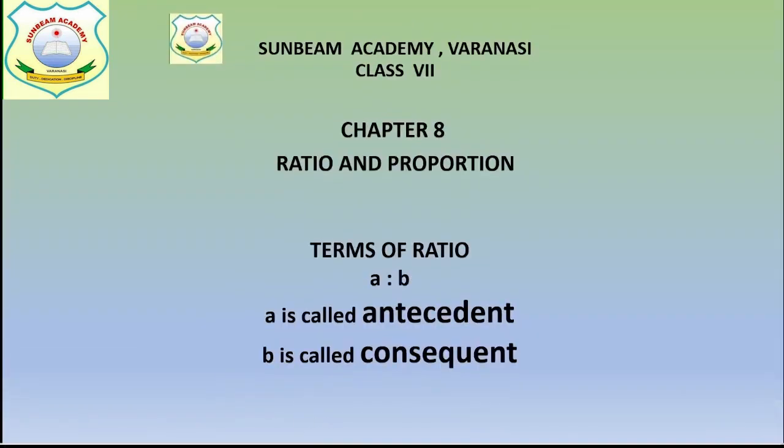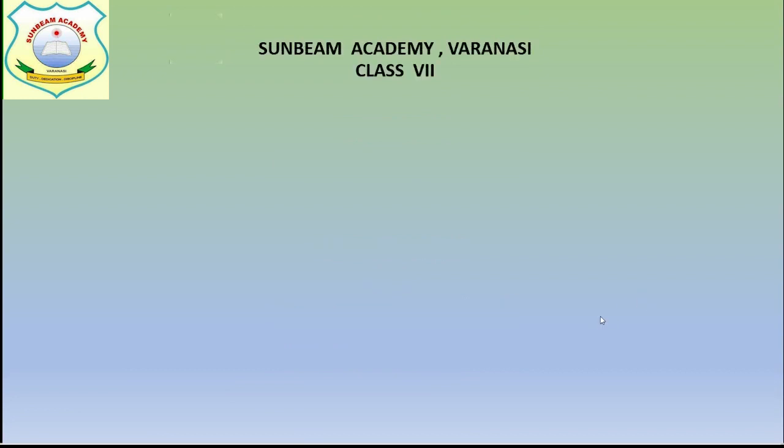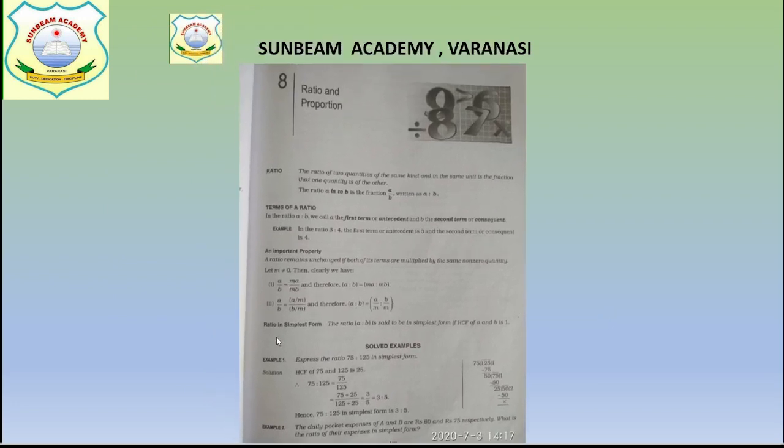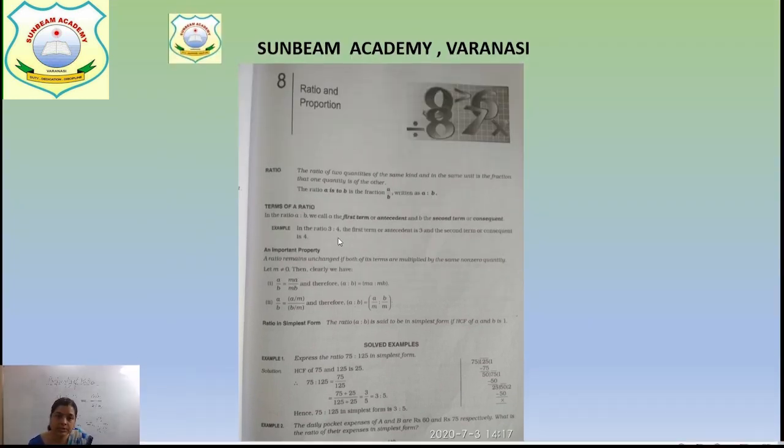The next topic is ratio in simplest form. See, in the book, I have picked the book for you. An important property shows that a ratio remains unchanged if both of its terms are multiplied by the same non-zero quantity.